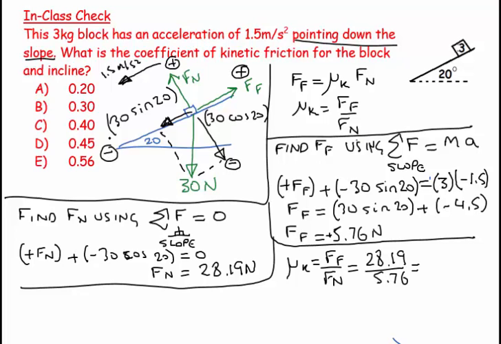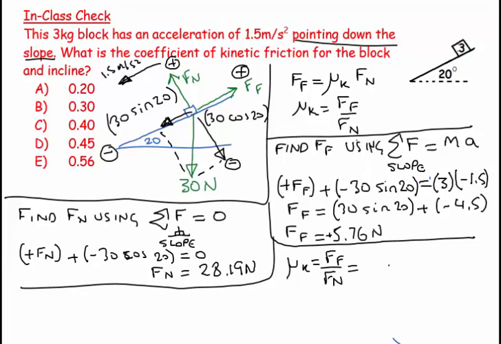So what have I done wrong? 28.19 divided by 5.76. Oh, I am wrong. Let's go back and check. 30 cosine 20 equals 28.19. Have I got them upside down? Yeah. Oh well. It's been a long day.